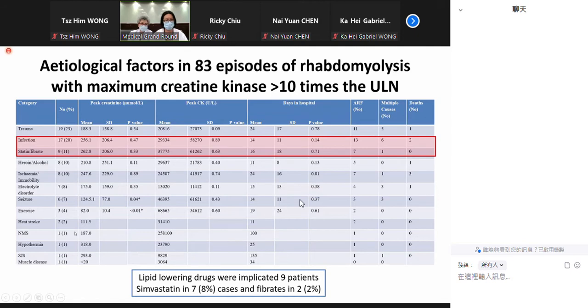Other causes, for example, include things like seizure, heat stroke, exercise, and rarer muscle disorders. You could see that a few of the cases were fatal, but also a lot of the cases had concomitant acute renal failure, and a lot of the cases also had multiple causes that are contributory to the rhabdomyolysis episode.